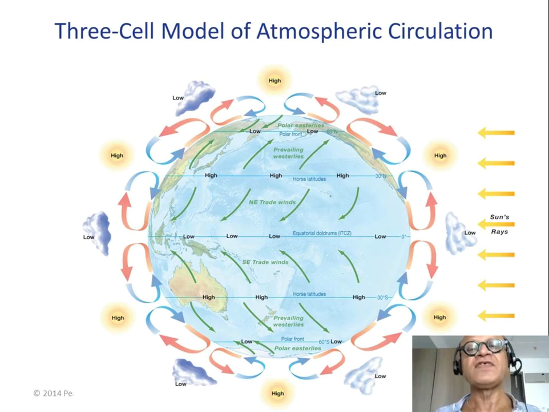So these are kind of the basic structures you have to remember: Hadley cell, Ferrel cell, polar cell, trade winds, northeast and southeast trade winds. And when the ocean gets dragged by these winds, ocean currents are also going to experience Coriolis, so they are also going to start tilting according to which hemisphere they are in and which direction they are moving in, and so on and so forth.